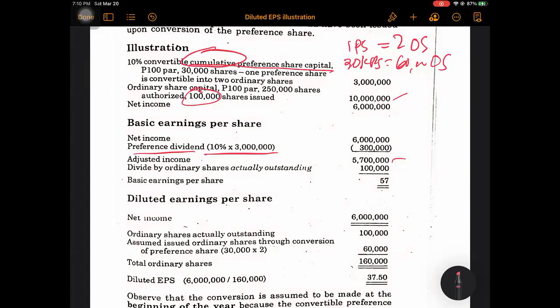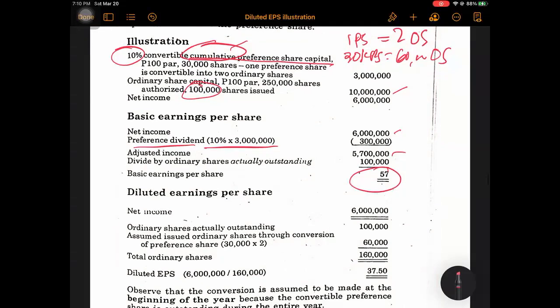But if it is non-cumulative, it should be declared, di ba, to be deducted in your net income. Okay, since it's cumulative, so regardless declared or not, so minus kita og preference dividend. So that's 3 million times the 10% or the rate of your preference dividend. Okay, so 6 million minus 300,000, that's adjusted income of 5.7 million. Then, actual outstanding shares, you have 100,000. Therefore, your basic earnings per share is 57 pesos per share.